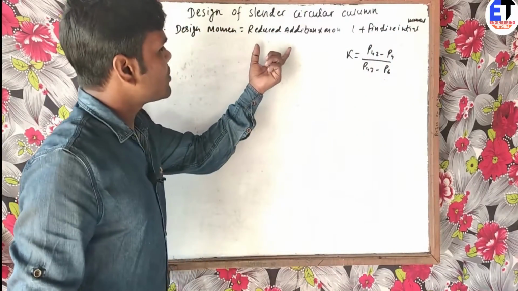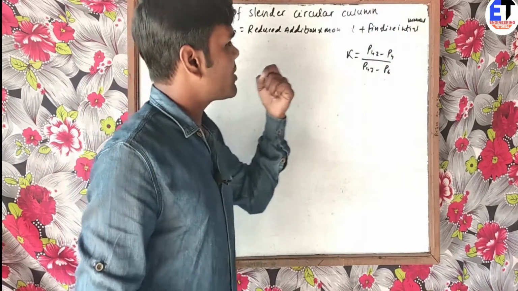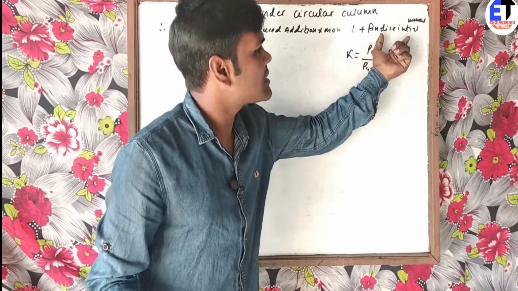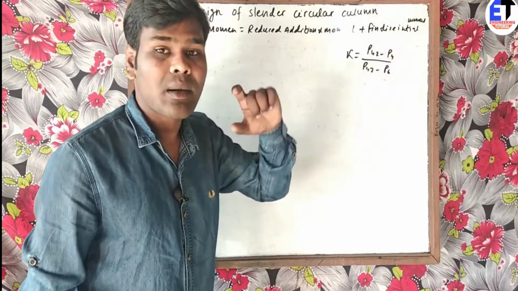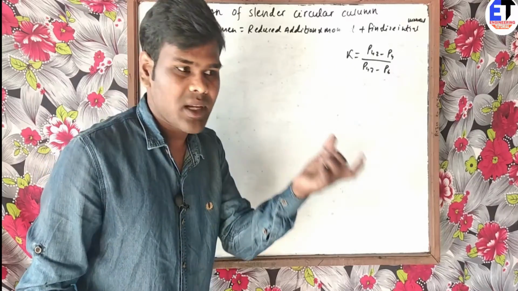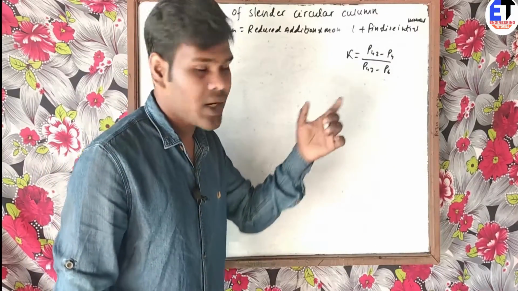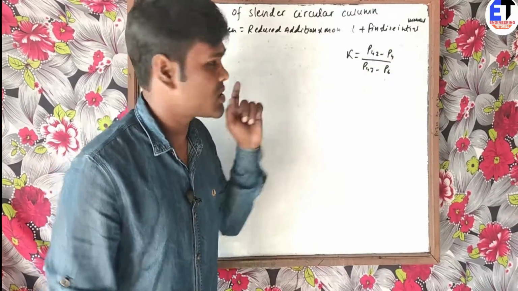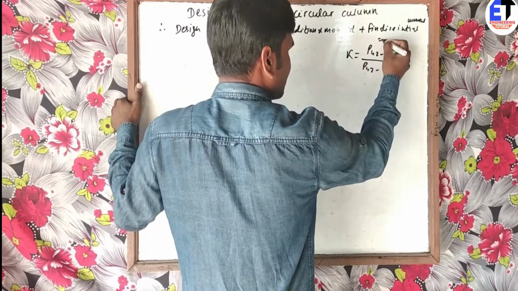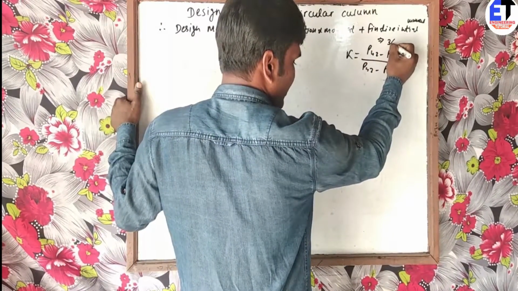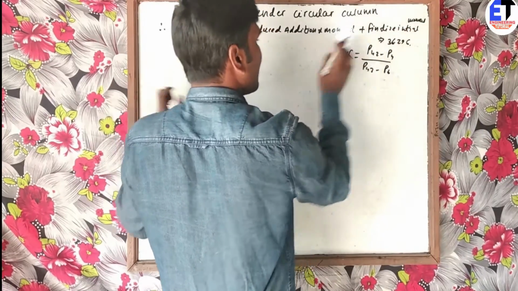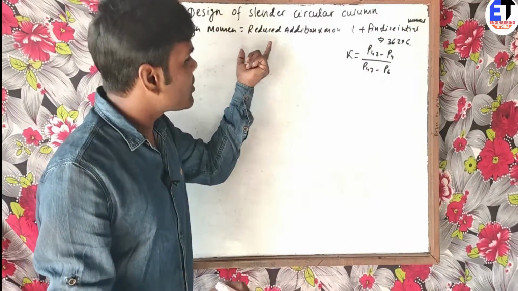Here we are going to calculate the reduced additional moment, and we have calculated the finalized initial moment by comparing the bending moment calculated from the minimum eccentricity and the initial moment. So our finalized initial moment is 36.296.